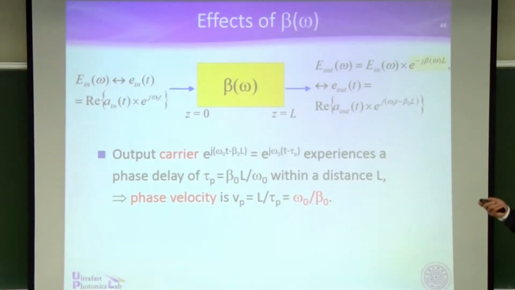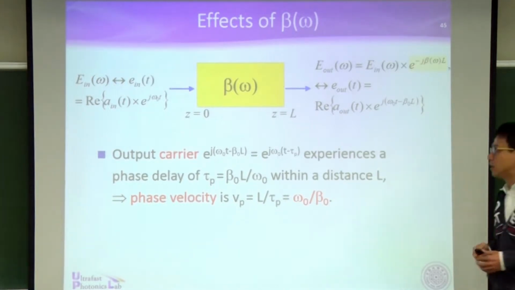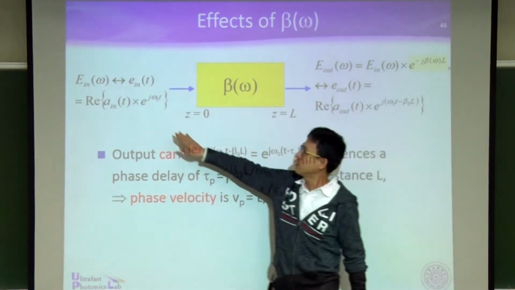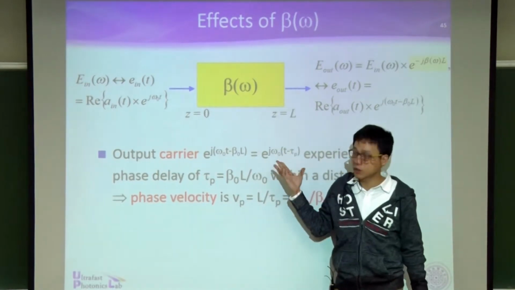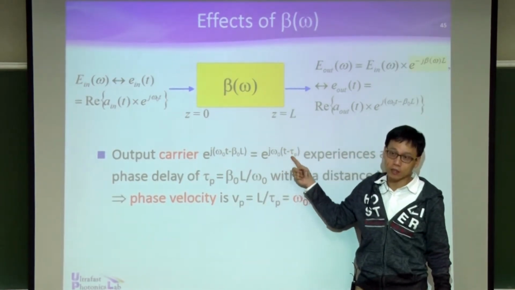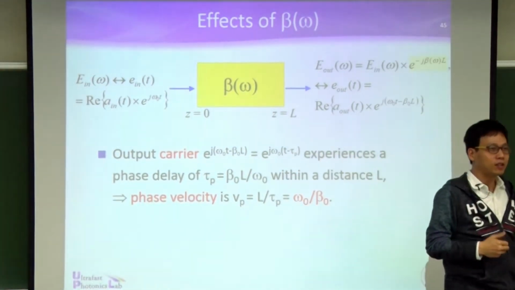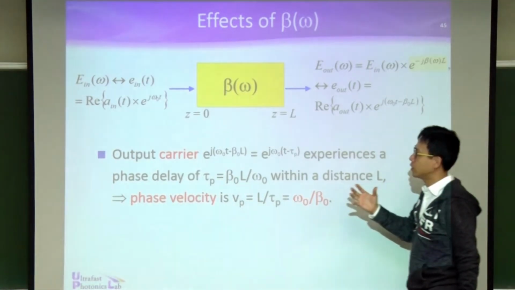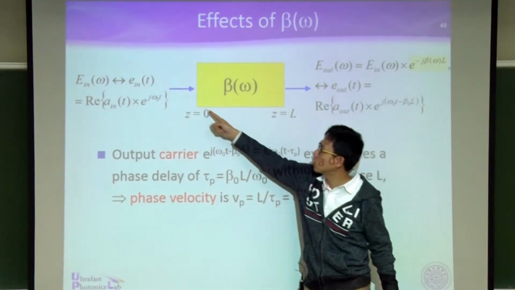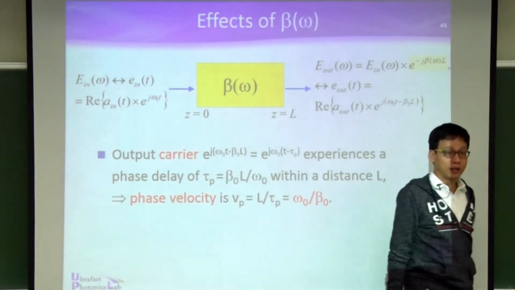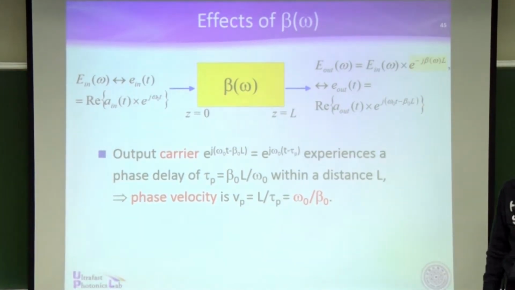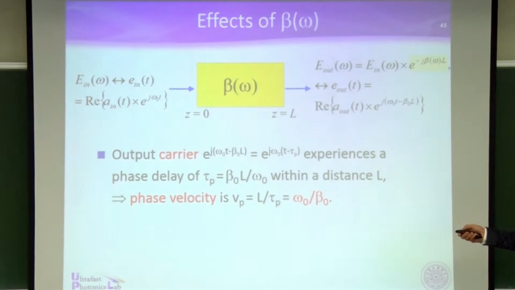It implies it takes a time interval of tau p for the carrier to pass through this material, right? Compare these two functions, the input is this, the output is this, everything is the same, with only a time domain shift. Doesn't that mean my carrier took tau p of time to pass through this dispersive material? Okay, that's the meaning of phase delay.